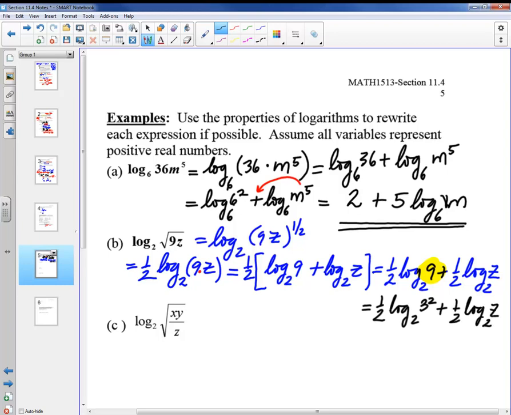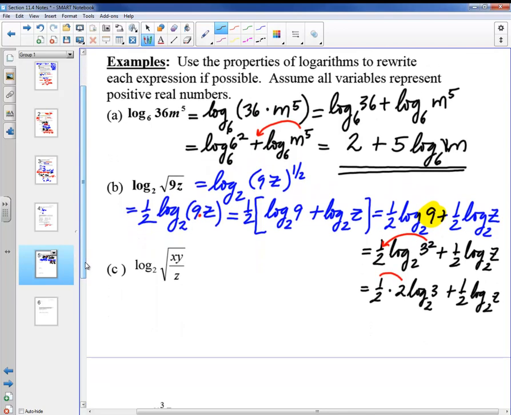Then I'm going to go ahead and take the 2 in front, and 1/2 times 2, they're going to cancel out. You're going to have 1/2 times 2 log base 2 of 3 plus 1/2 log base 2 of z. Then the 1/2 and the 2 are going to cancel out. So right there, we have actually just log base 2 of 3.